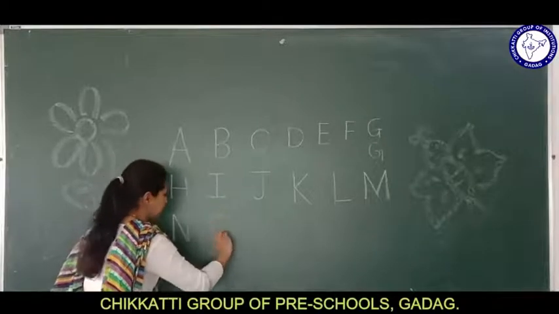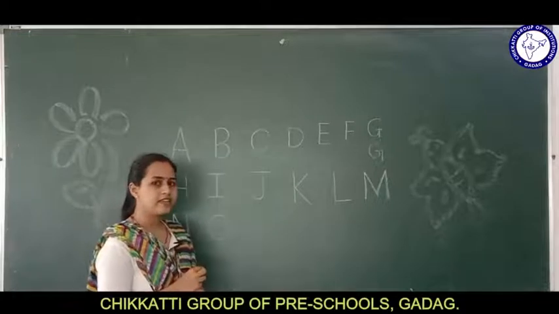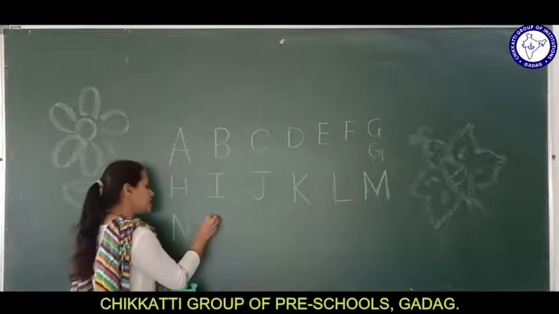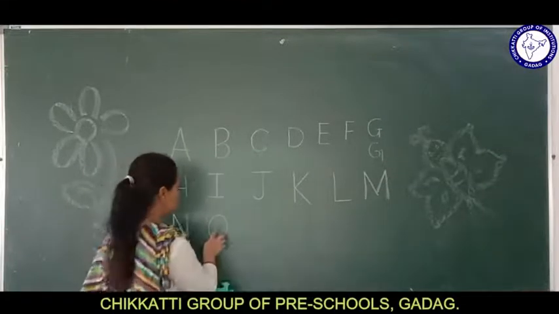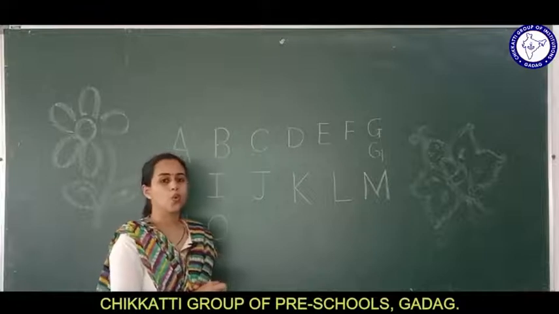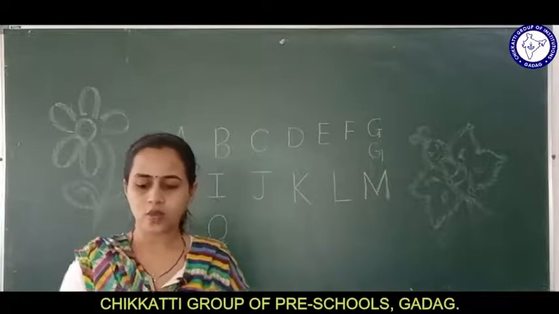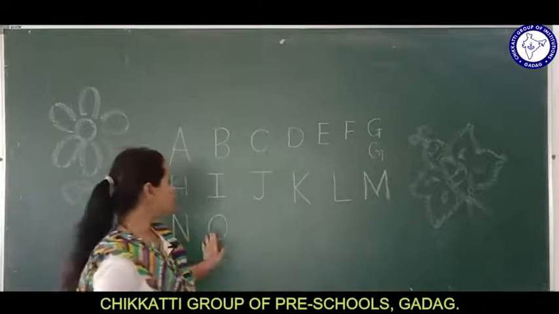Very good. So is it correct? Yes. You have to write a big circle, right? So it will become what? O. What is the O sound? O.